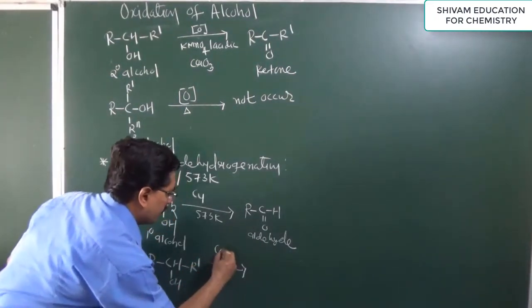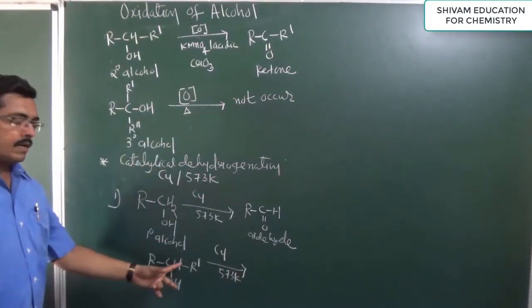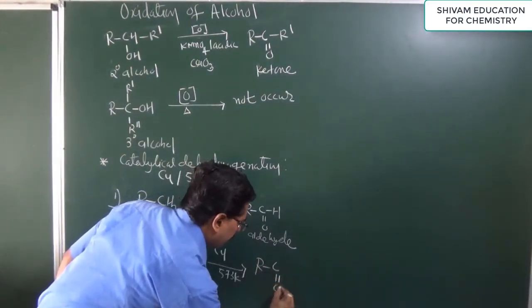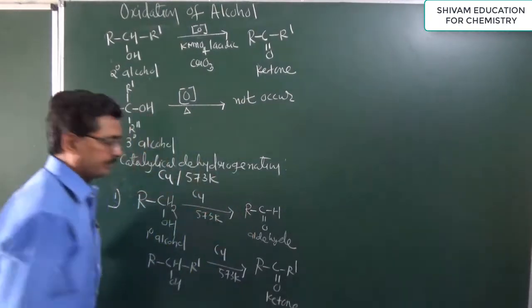So if copper is used as a catalyst at 573 Kelvin temperature, hydrogen from the carbon and oxygen is removed, and as a result we get a ketone as the final product.